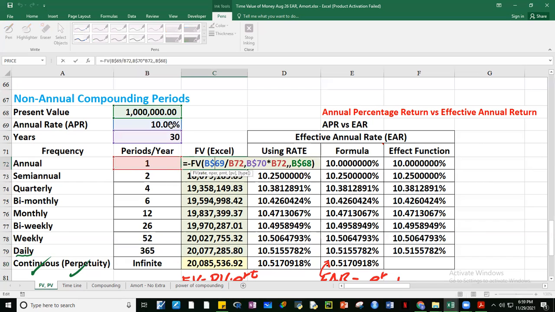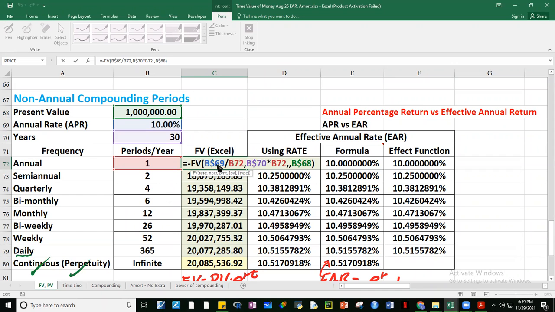Kasi yung interest niyan, kunyari, semi-annual, ibig sabihin 2 times magko-compute ang interest at 10% divided by 2 is 5% each. 5% the first 6 months, 5% the next 6 months. Pag quarterly naman, 10% divided by 4, so 2.5% sa first quarter, 2.5% sa next, 2.5% sa third, 2.5% sa fourth, etc.